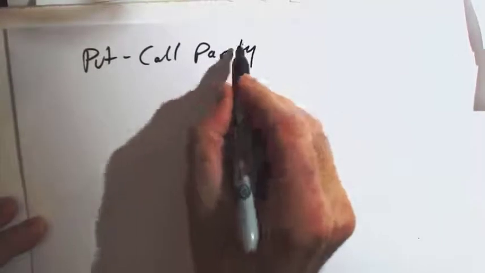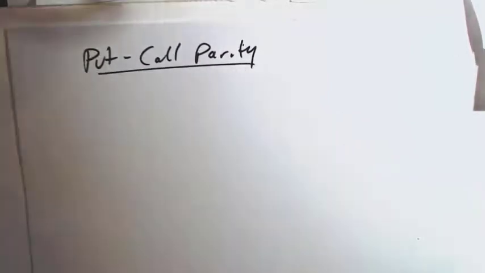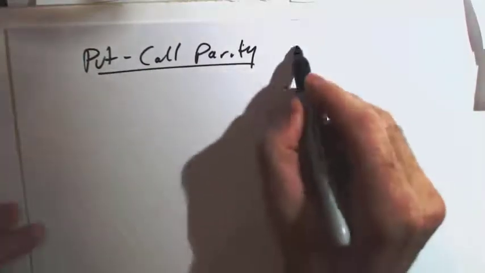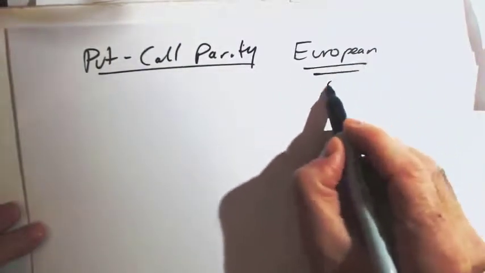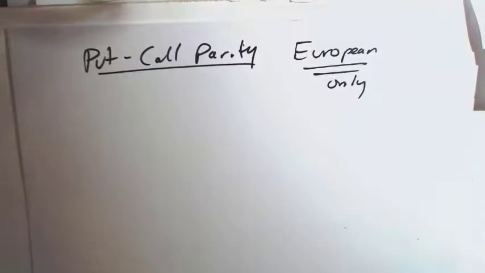Okay, so we're dealing with put-call parity. It's called a put-call parity condition. And it's for Europeans only, European options only. There is a put-call parity relation for American options, but it is nasty and ugly, and it's not used very much because it's simply too cumbersome.